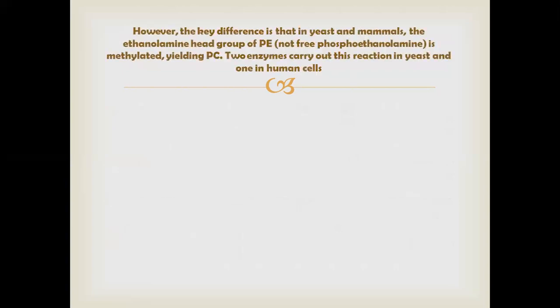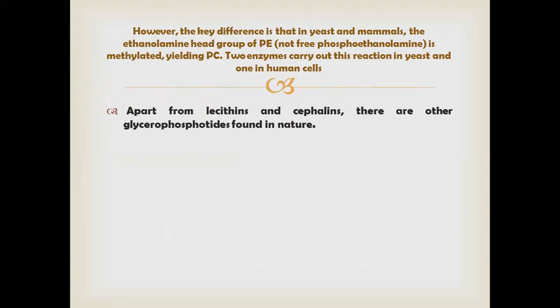But the difference is that in yeast and mammals, the ethanolamine head group of phosphatidylethanolamine is methylated. That will yield phosphocholine. So this will take place in case of phosphatidylethanolamine and not in case of free phosphoethanolamine. Two enzymes carry out this reaction in yeast and one enzyme carries out this reaction in human cells.